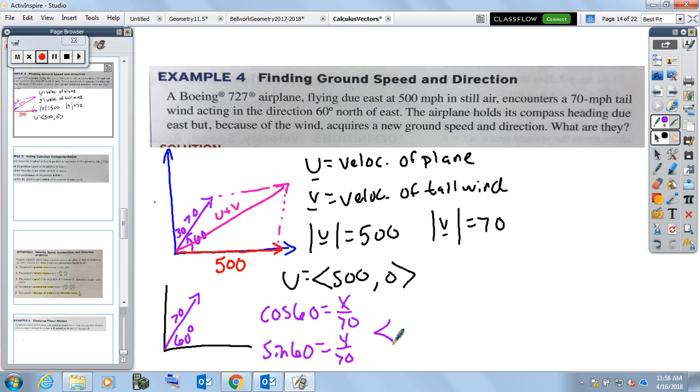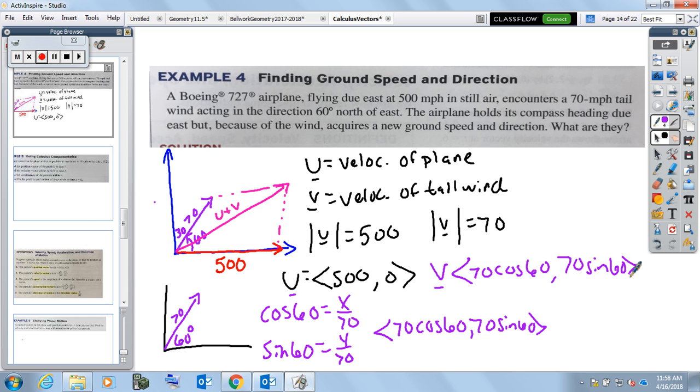As a cross multiply, the x value will be 70 times the cosine of 60, and y would be 70 times the sine of 60. So this is what our v is. So let's go ahead and identify v as 70 cosine 60 and 70 sine 60.